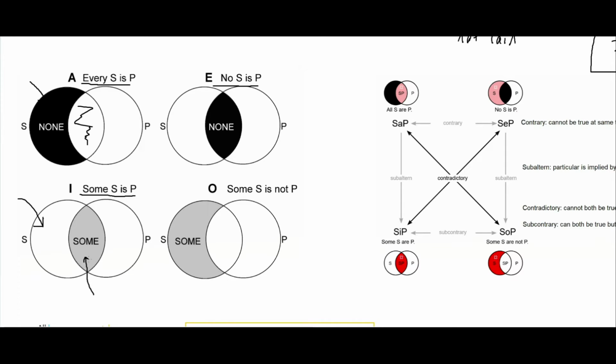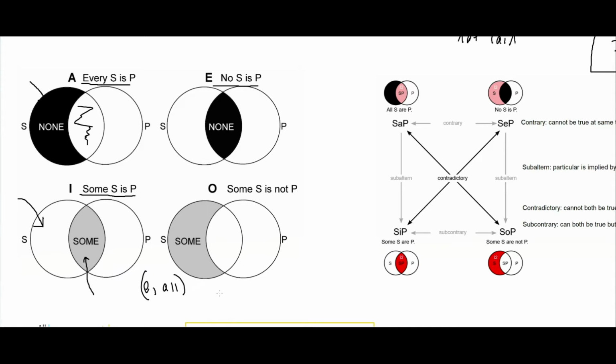And just to be clear, in logic, using some can mean pretty much anything not including zero, all the way up to all.